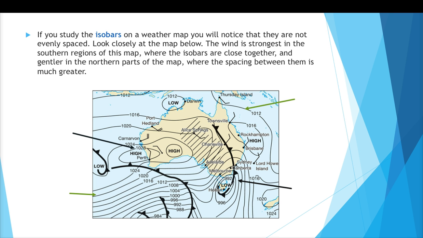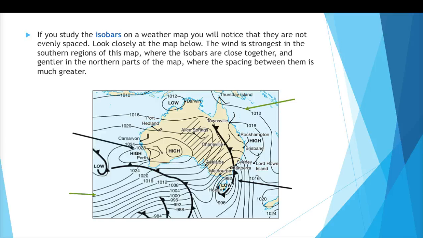Now this is a standard weather map, which you might see something similar to on your evening news when you watch the weather report. And all these lines running on this map with these numbers, they're called isobars. If you study the isobars in a weather map, you'll notice that they are not evenly spaced, which we can see from this map below.